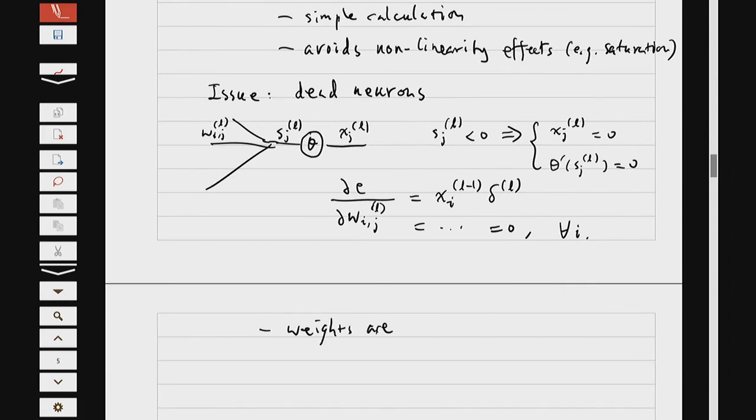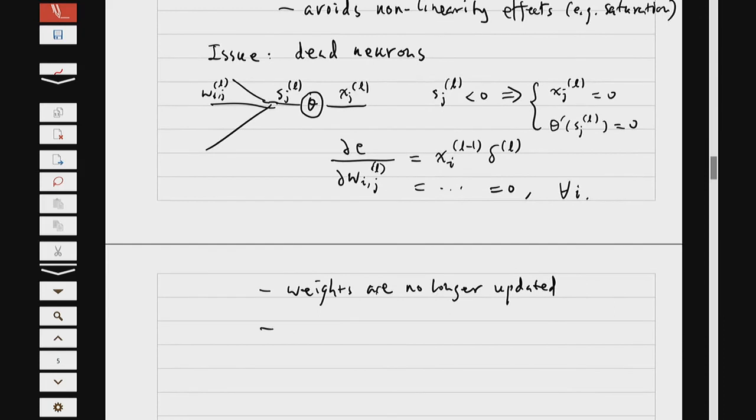Because when the gradient is 0, you update nothing. You don't change your W anymore. You kind of get stuck there. Eventually, numerically, people have observed that it leaves about 40% of the neurons in this state, which is dead. They're dead neurons, they don't do anything anymore.